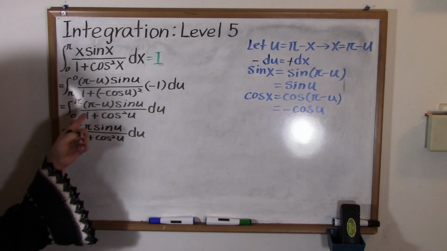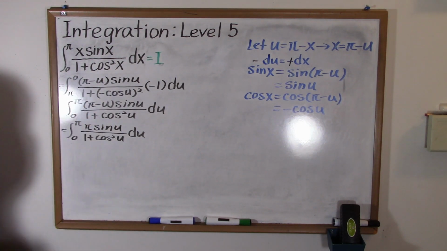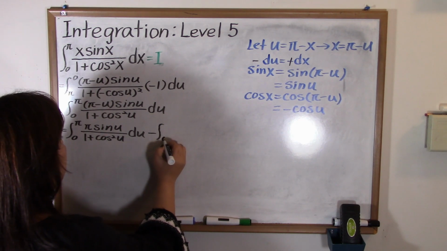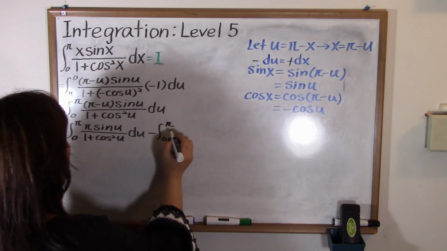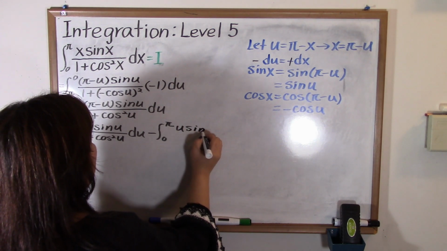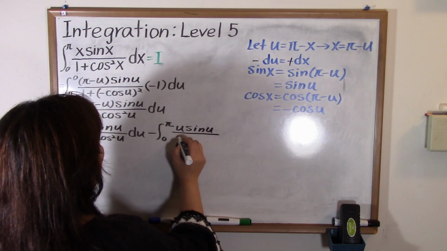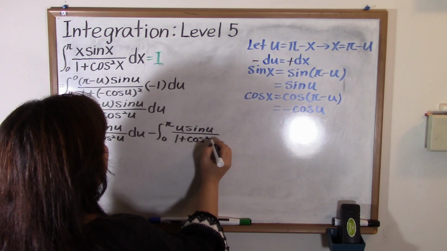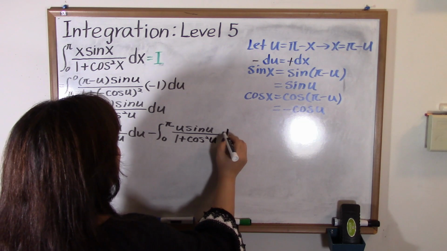So I'm going to bring negative sign in front of integral. So minus integral from 0 to pi of u times sine of u all over 1 plus cosine squared of u du.